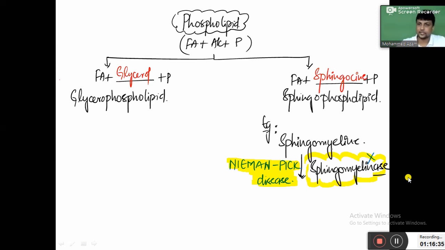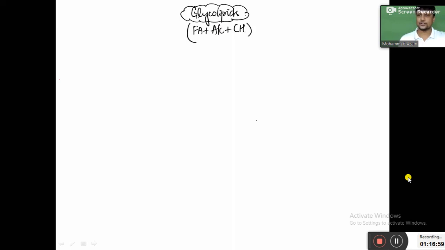And again do the same thing here, write down in the center of the page as glycolipids. Now already you people know what is the meaning of glycolipid. Glycolipid will be having fatty acid along with alcohol, and along with the alcohol there will be carbohydrate. A glycolipid will consist of fatty acid, alcohol and the carbohydrate, and these glycolipids are in turn divided into two categories.